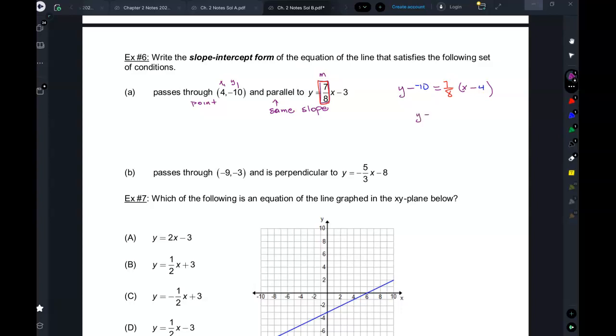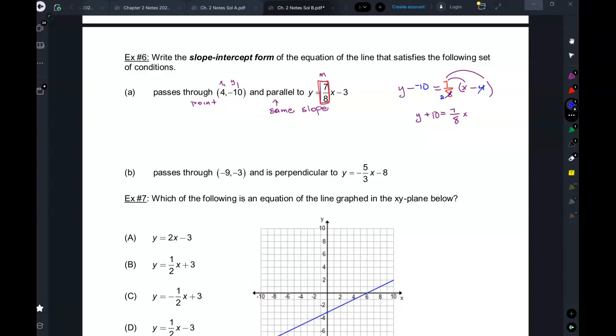So let's see. Y plus 10 equals 7 over 8 times x minus 4. And then what happens if you do 7 over 8 times 4? Oh, I was looking at the 8. Sorry. Okay, so that's the confused look. Okay, that we can fix. So what's 7 over 8 times 4? Right. So this and this, they simplify, right?